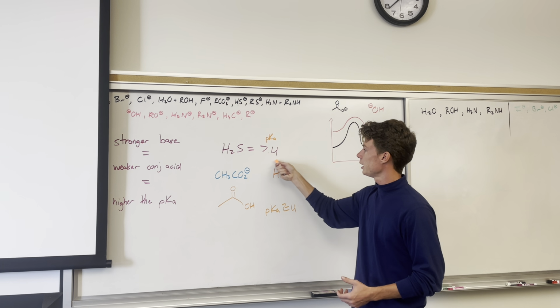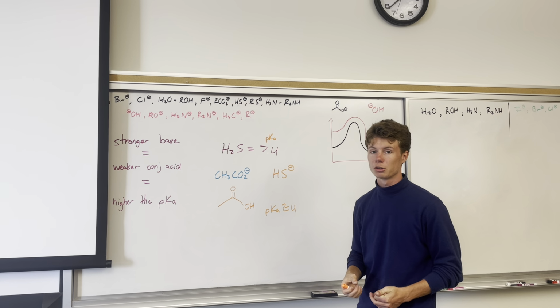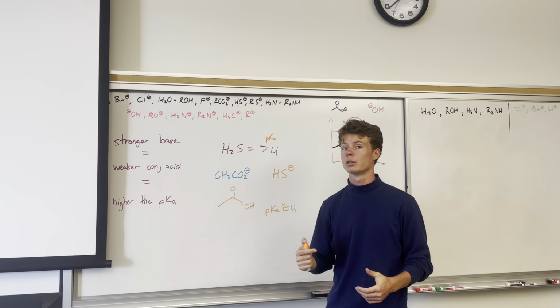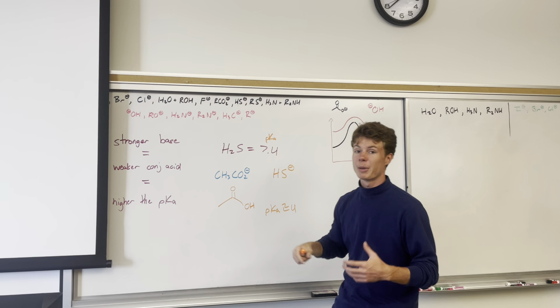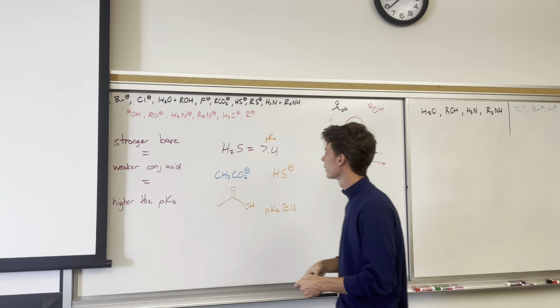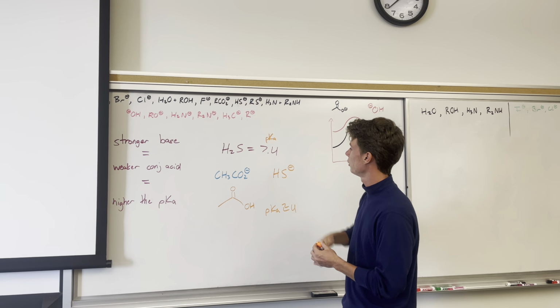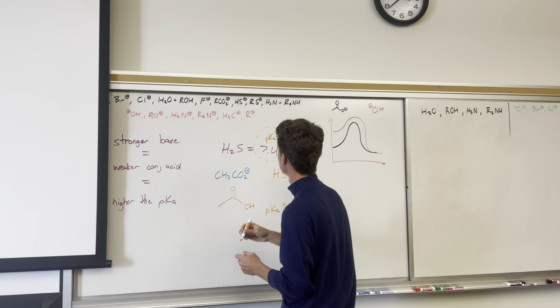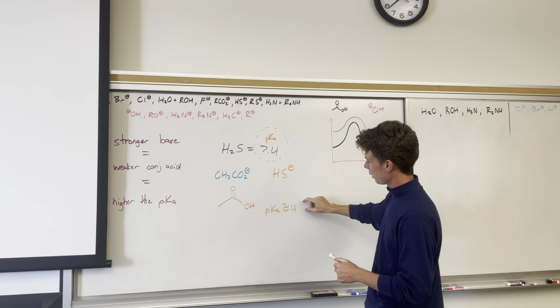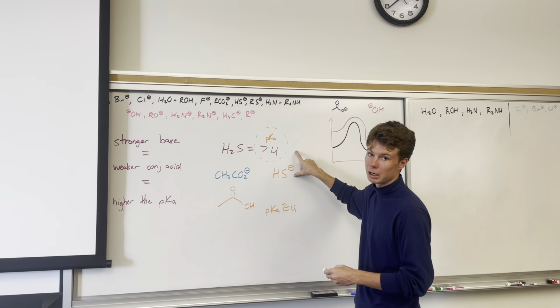Higher pKa tells me weaker acid, and better base. So I would say this is the stronger base because I have a higher pKa. On a rate of about 1,000 times better base, actually.